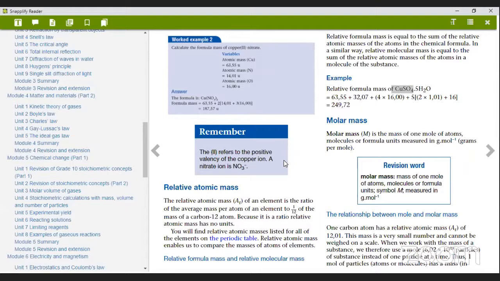You'll find relative atomic masses listed for all elements in the periodic table, which is what I already mentioned, that you need your periodic table all the time when you're dealing with chemistry. Anywhere, anytime, you must have the periodic table if you want to find certain things in your work.